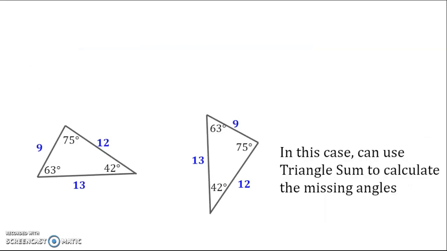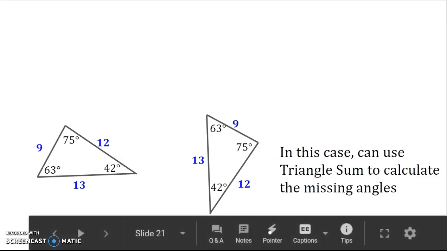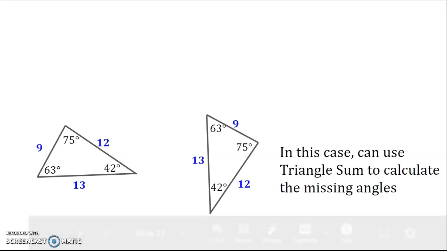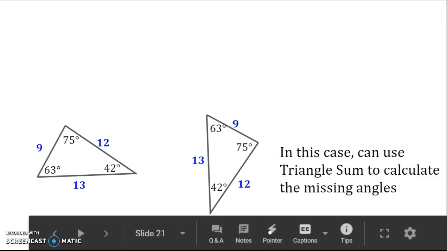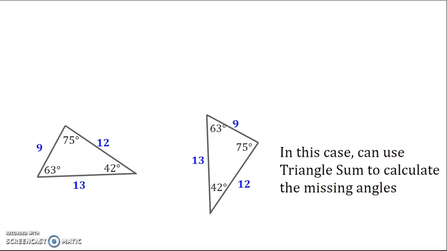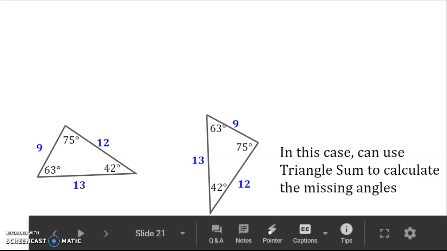Well, in this case, we can use the triangle sum to calculate the missing angle. Alright, so actually there is no missing angle. There's a typo here. So in this case we have all the angles the same and all the corresponding side lengths the same.